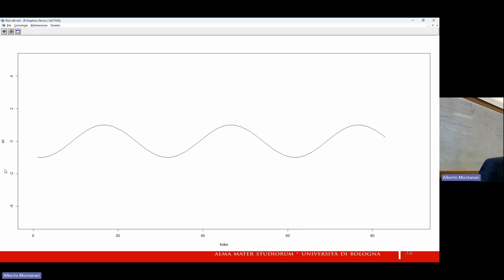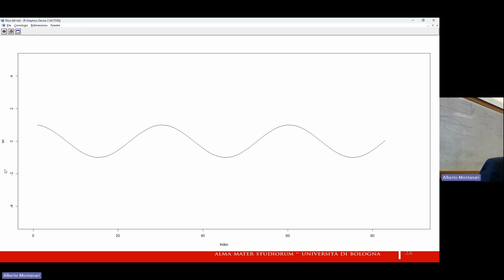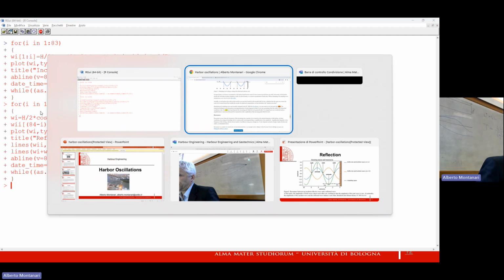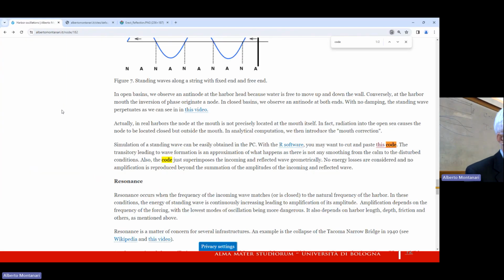We have to wait for the cycle to finish, but then at the end you see the superimposition of the two waves.